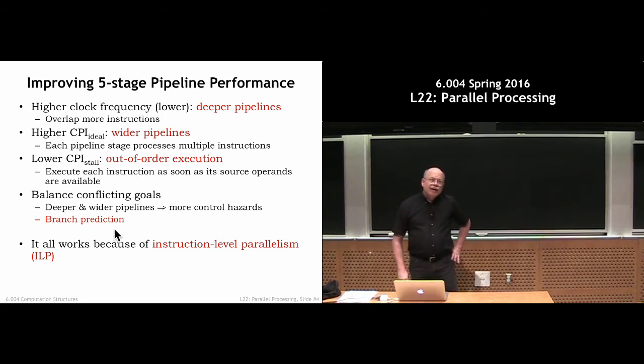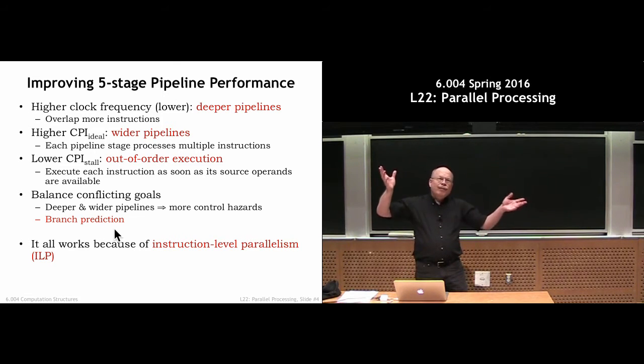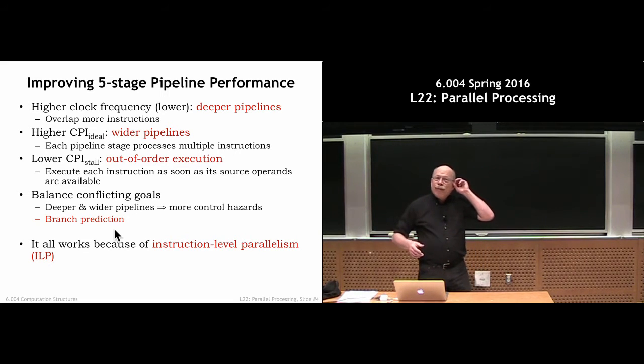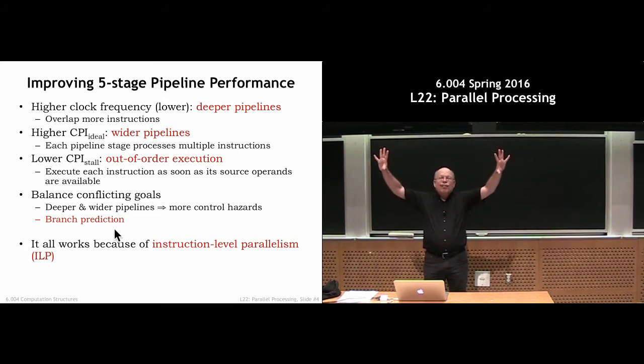We'll discover that in order to make all this work, we're going to need the notion of branch prediction. Branches happen frequently enough that we simply can't throw up our hands and restart the pipeline every time we hit a branch. So now we're building hardware to guess which way the branches go. And if we guess correctly, we basically don't have any penalty for the branch. And more than that, suppose we can do speculative execution and actually execute instructions from both ways of the branch.